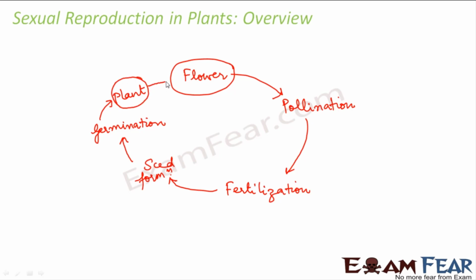When a plant grows, again the plant will have flowers. When it has flowers, again it will have the male and female gametes. Again pollination will happen, again fertilization, seed formation, germination, and so on. So this cycle will keep on continuing in this fashion. Right? And that is how sexual reproduction will keep happening in plants.